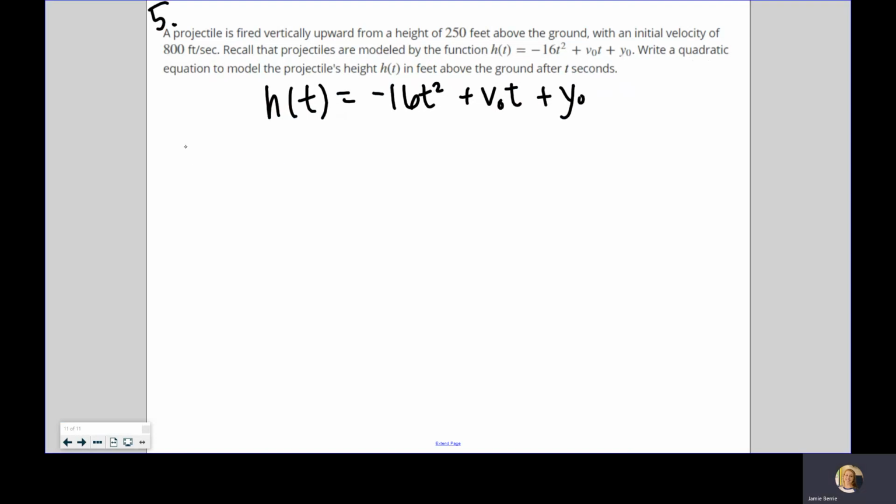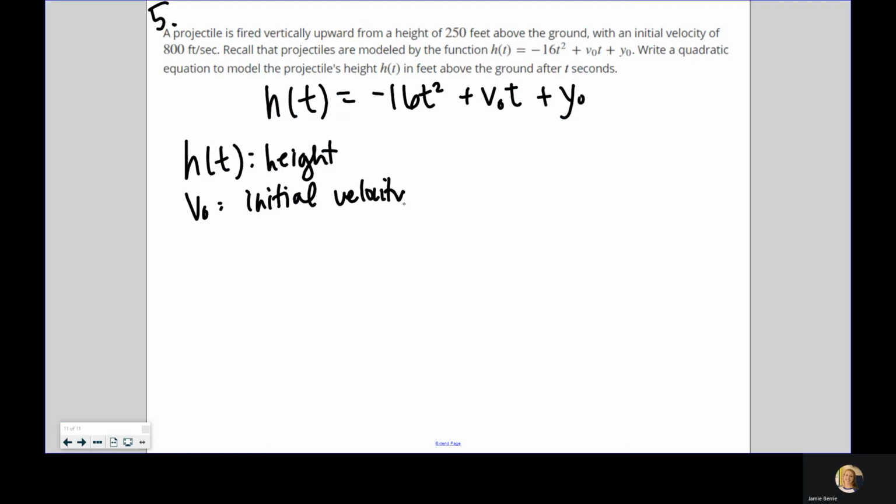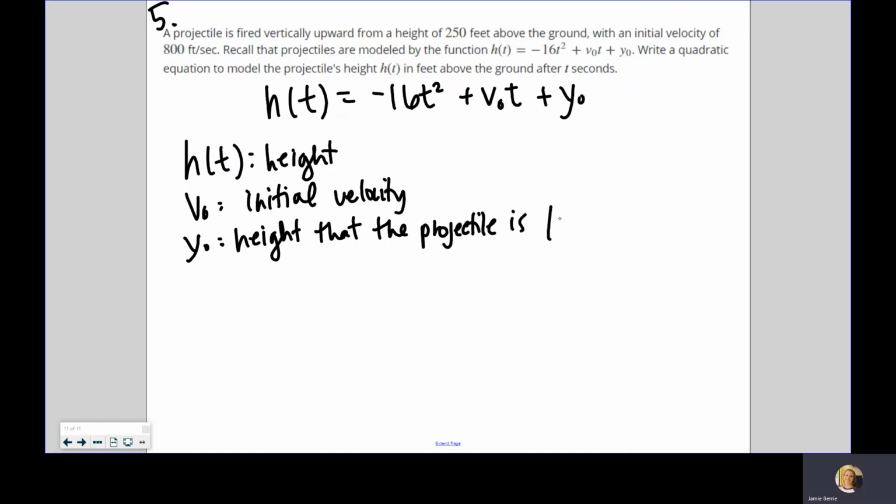Here, again, h of t represents the height. v sub 0 is the initial velocity. And y sub 0 is the height that the projectile is launched from. So it could be anything as simple as being at the top of a hill and throwing a baseball up in the air.